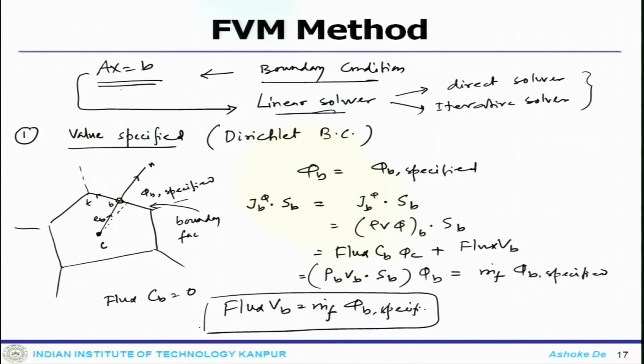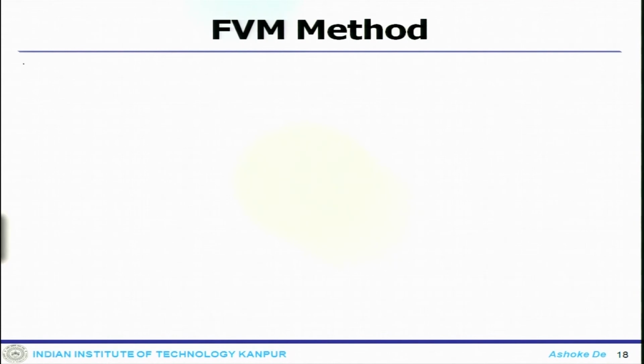Now, the second type of boundary condition would be specified flux. That is called the Neumann boundary condition.